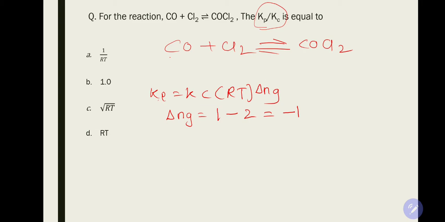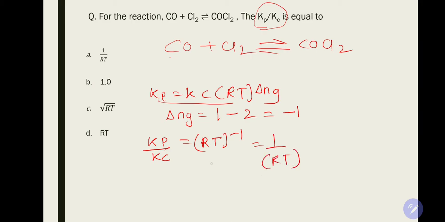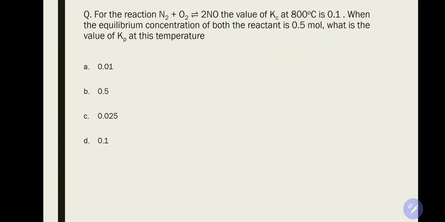Kp upon Kc is equal to RT to the power minus 1. Yes or no? Delta Ng is minus 1. So can I write this RT to the power minus 1 as 1 upon RT? Right? So the ratio of Kp upon Kc is 1 upon RT. Now let's move to the next question then.